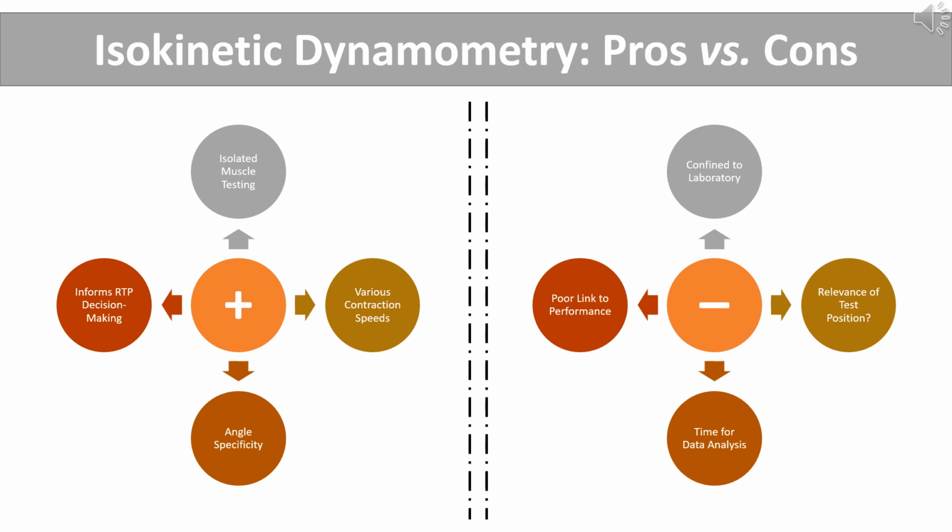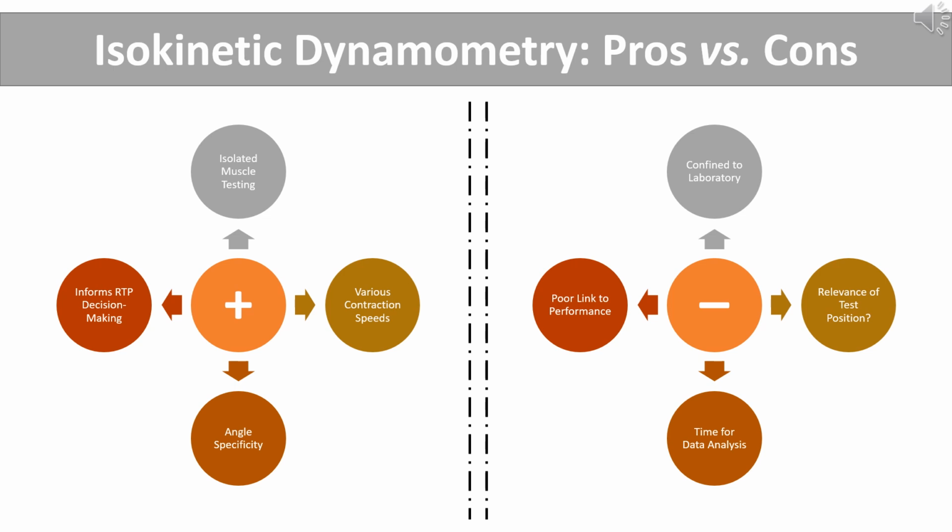So we have to consider whether or not the relevance of the test position is a hindering factor here. And of course, because of that, that dampens the ecological validity of this testing protocol, knowing that there probably is a relatively poor link to performance because players are never seated, the injuries don't happen in that position.